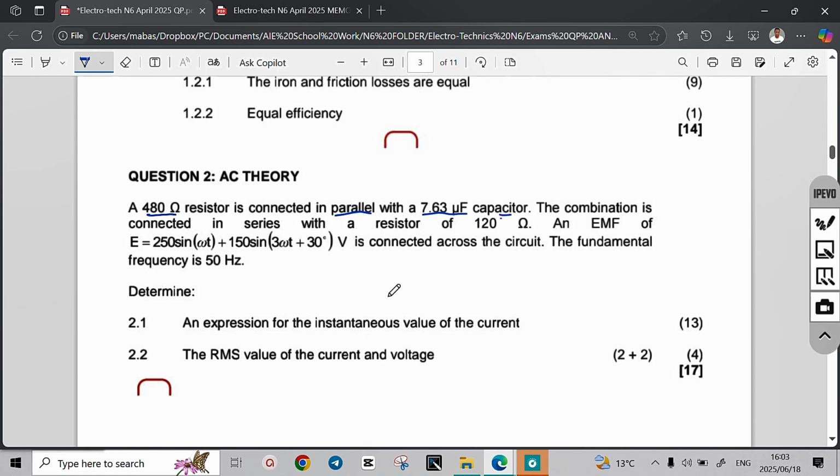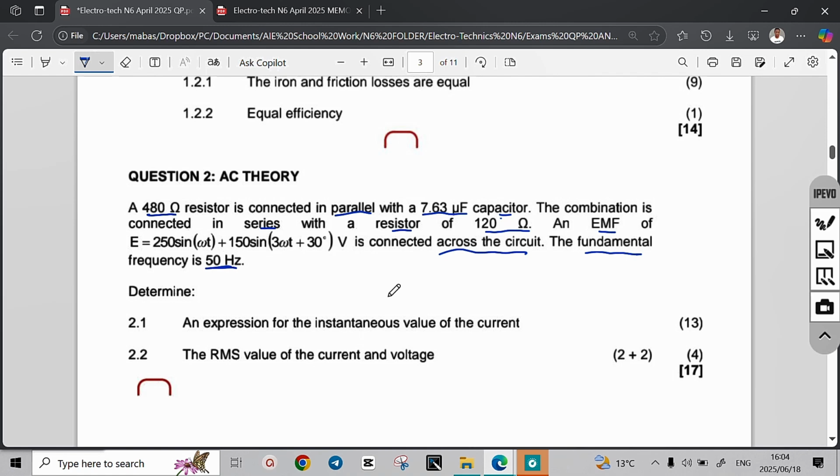So the combination is connected in series with a resistor of 120 ohms and an EMF of 250 sine omega t plus 150 sine 3 omega t plus 30 degrees. Voltage is connected across the circuit. The fundamental frequency is 50 Hz.